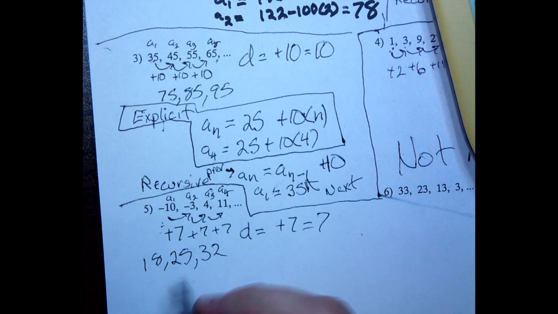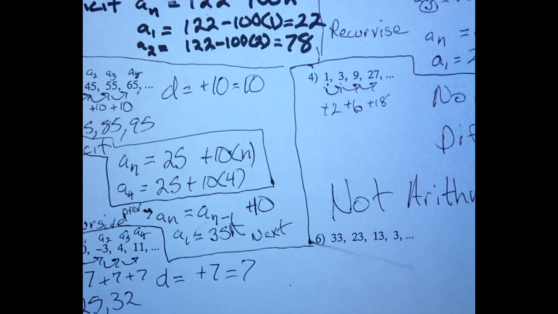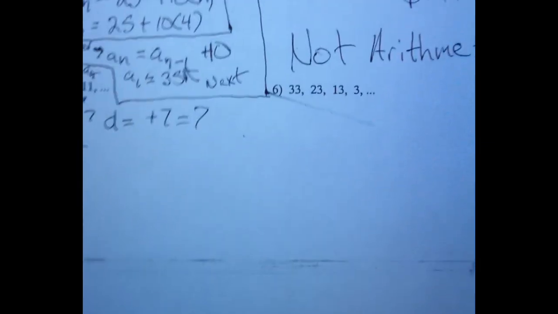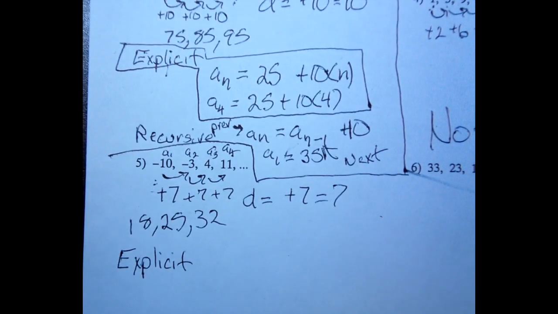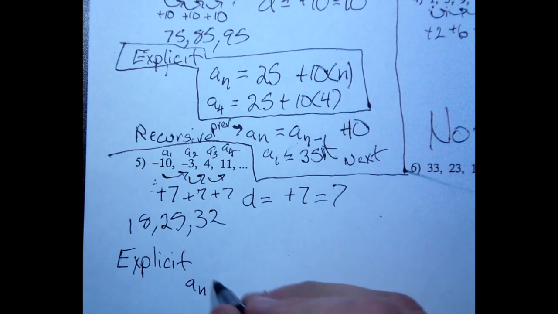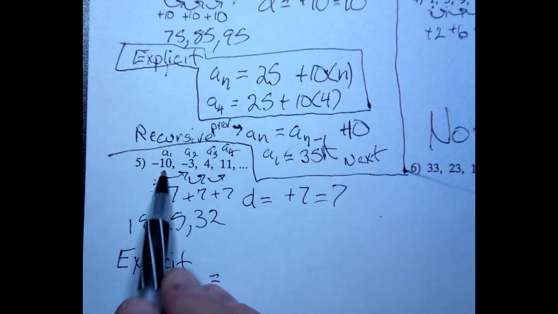Now let's talk about the explicit notation. We say that a sub n is equal to, what would be the term before negative 10?